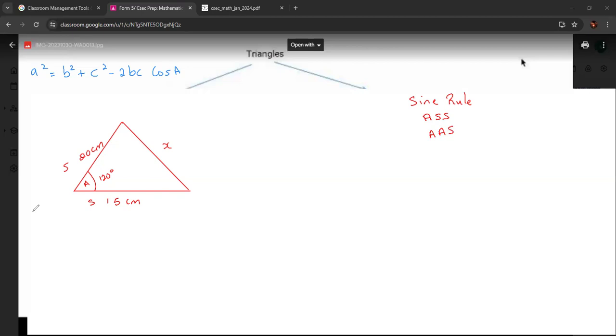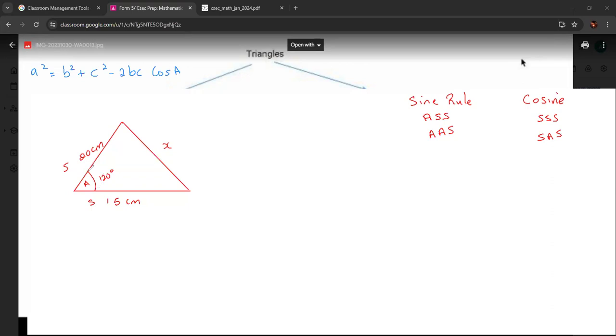Next, for the cosine rule, you're using the cosine rule if you have all three sides, or a side with the angle in between another side.